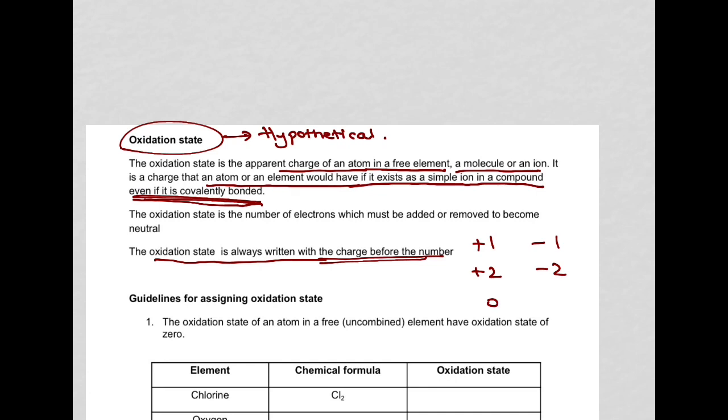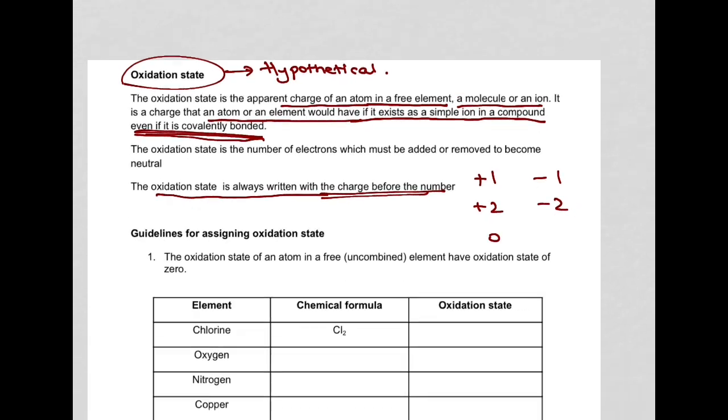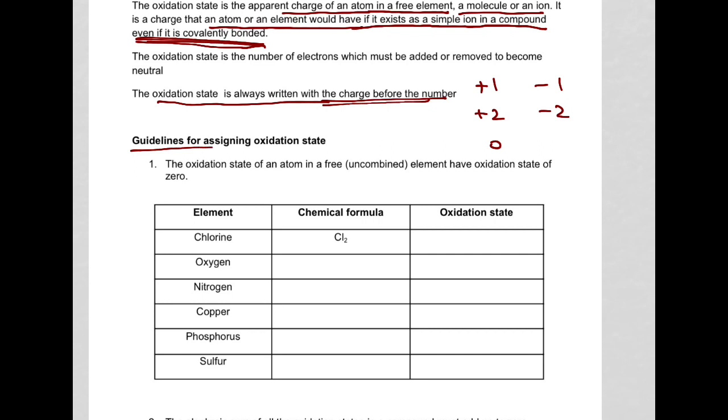So let's look at the rules, or the guidelines, for assigning oxidation state. And you have to know these guidelines. Now, the oxidation state of an atom in a free uncombined element. Uncombined element means it's still in its elemental state. For example, chlorine, it's Cl2.